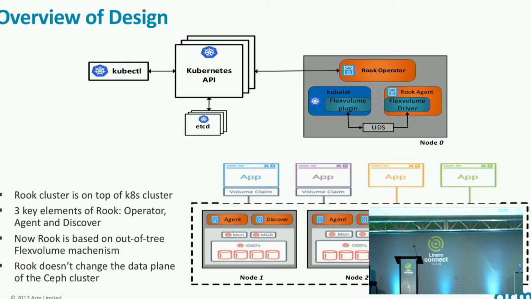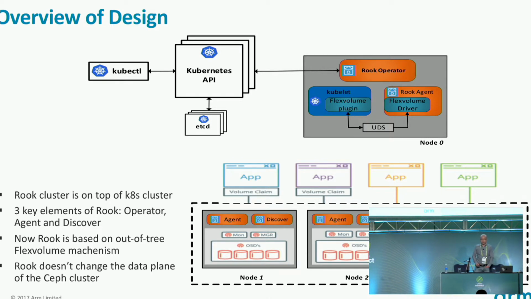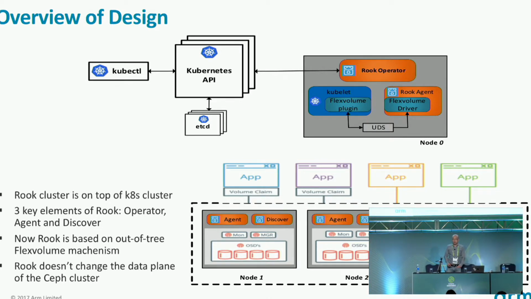So this is an overview of the design of the Rook project. The Rook project is on top of the Kubernetes cluster. So first, we need to set up a Kubernetes cluster. In this diagram, we can see that the Kubernetes cluster is composed of several nodes: node 0, node 1, node 2.